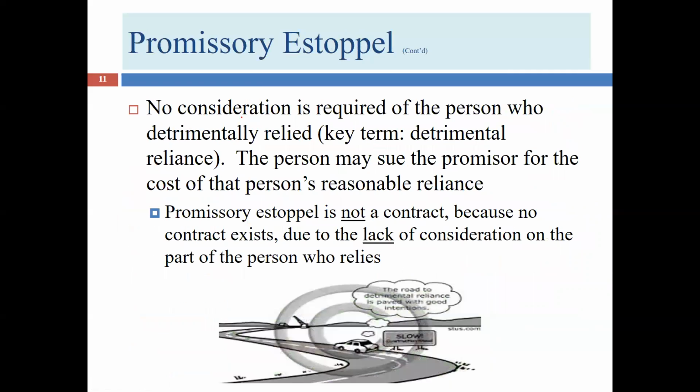As we said before, no consideration is required for the detrimental reliance. But keep in mind, again, promissory estoppel is not a contract. The whole point is there is no contract. If there were a contract, we wouldn't need promissory estoppel. We just apply the concepts of promise of contract law to the scenario.